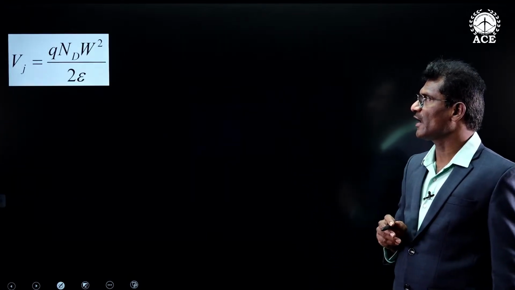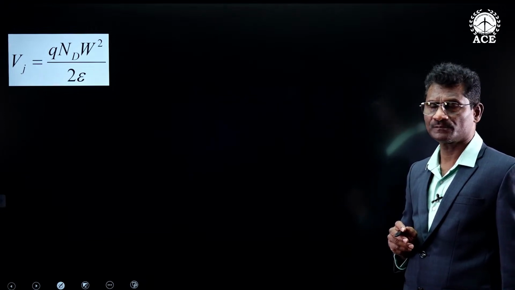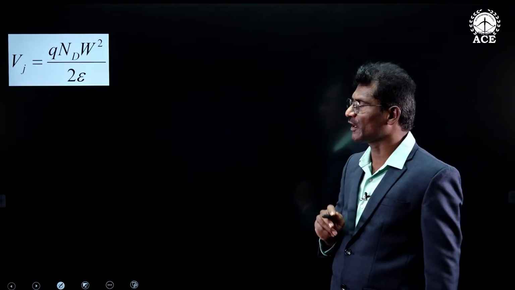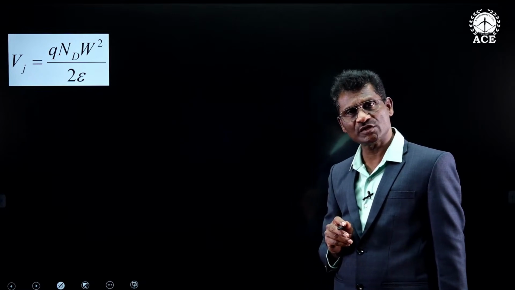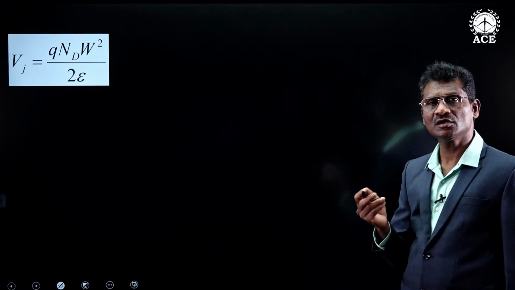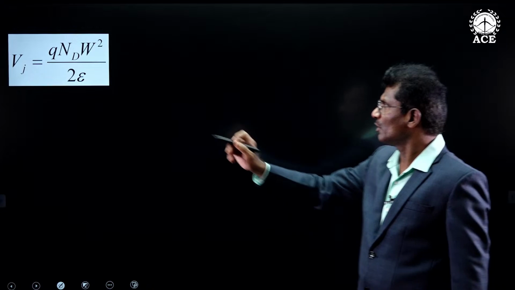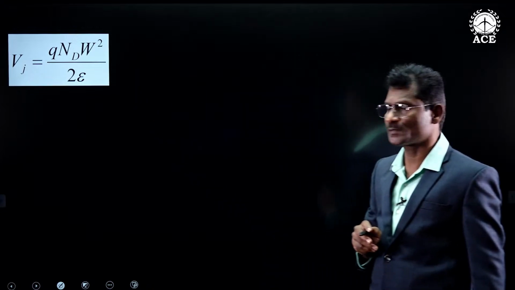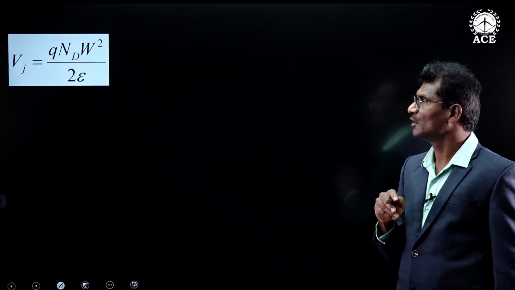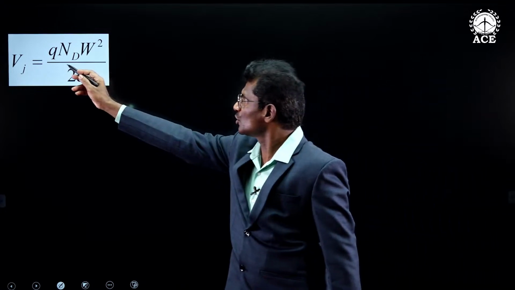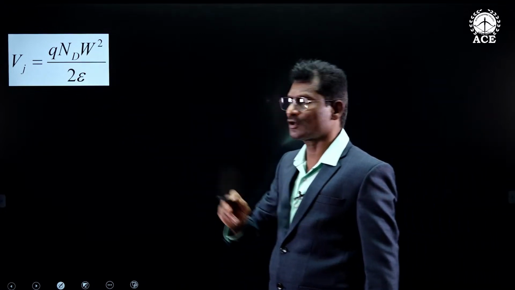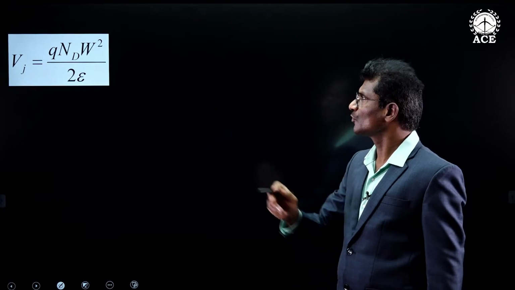Now, we already have an equation for Vj as Q Nd W square by 2 epsilon. What is Vj? Junction voltage. Now I am differentiating this with respect to Vj. Again Q, Nd, 2, epsilon will be constant.